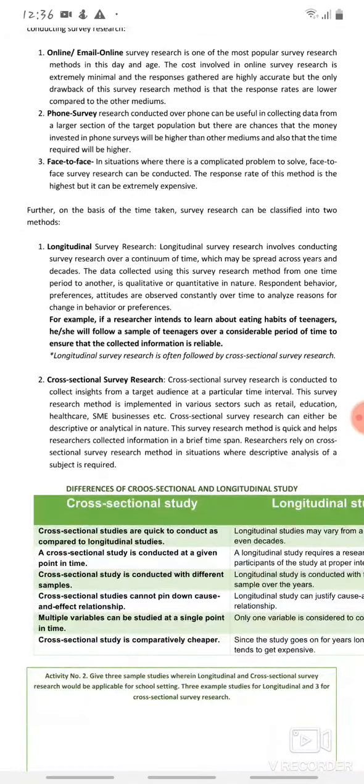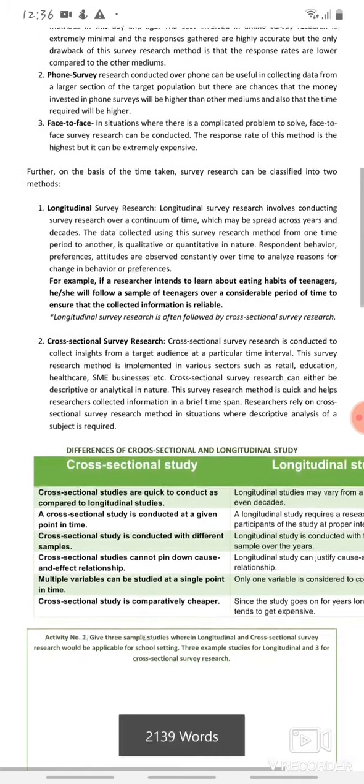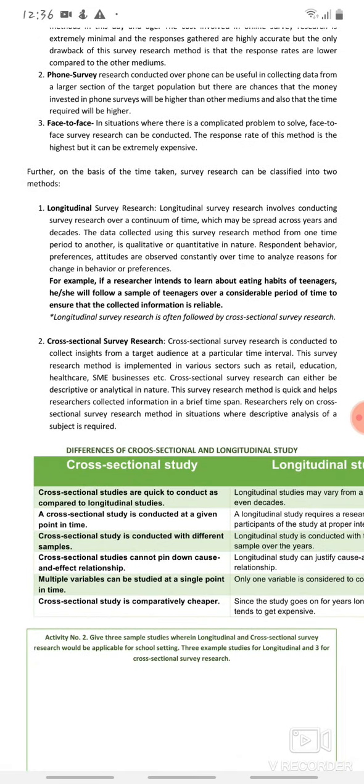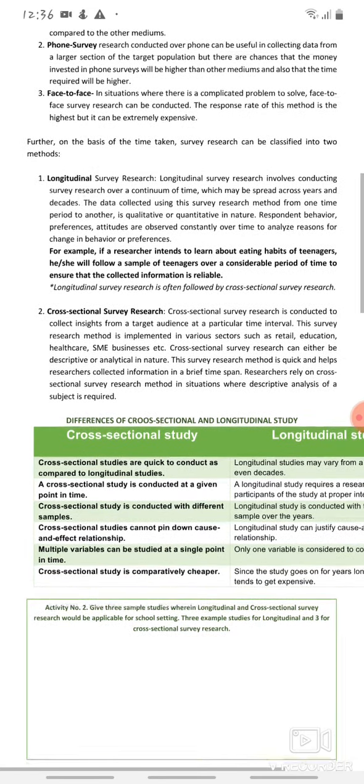It takes years for you to finish, and may be spread across years and decades. The data collected using the survey research method from one time period to another is qualitative or quantitative in nature. Respondents' behavior, preferences, and attitudes are observed constantly over time to analyze reasons for change in behavior or preferences.